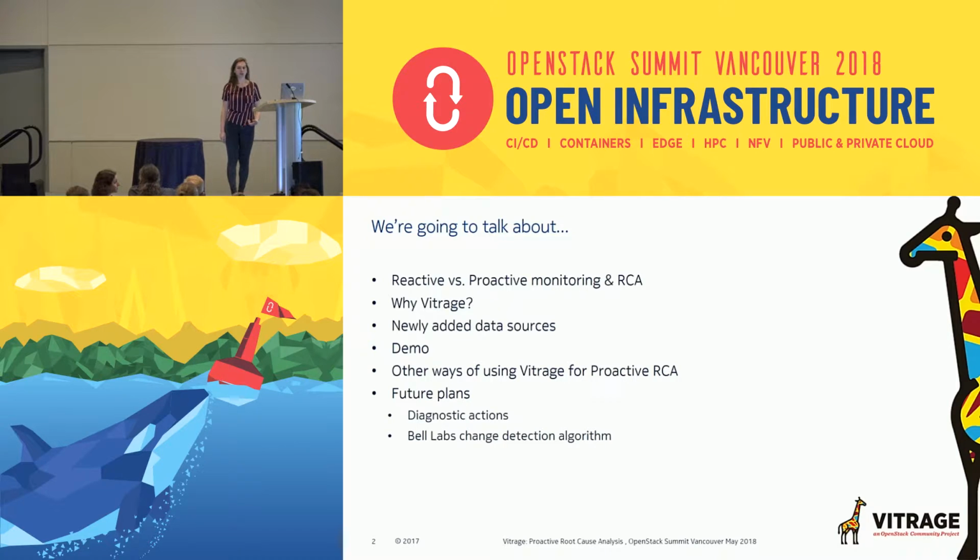We'll discuss why Vitrage is good for the purpose of proactive RCA and monitoring. Then we will discuss the newly added data sources to Vitrage, which are Kubernetes and Prometheus. Then we will see a demo, including Kubernetes, Prometheus, and also Zabbix. Afterwards, we will see other ways of using Vitrage in order to perform some proactive RCA and monitoring.